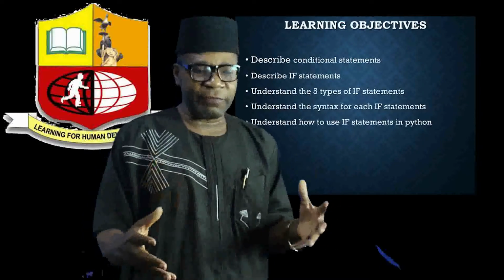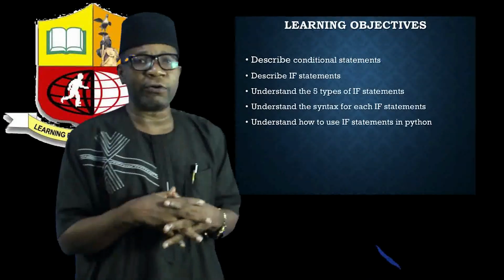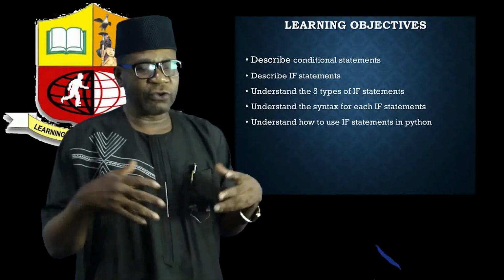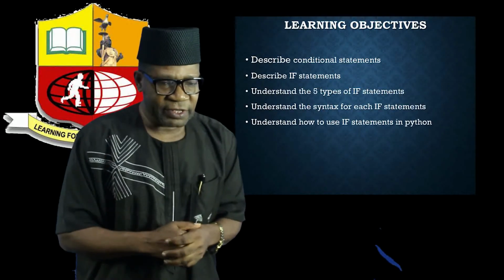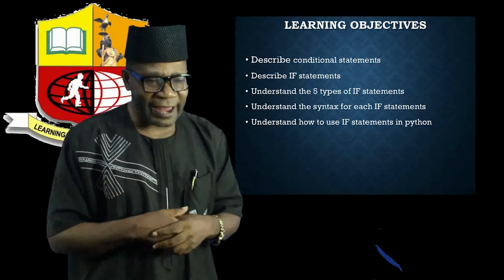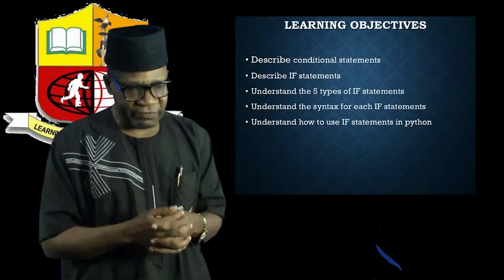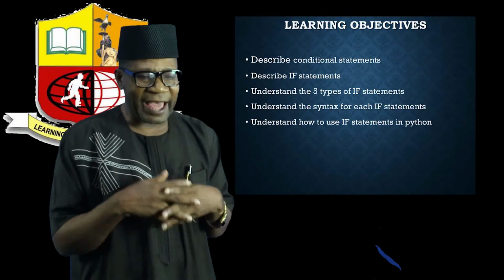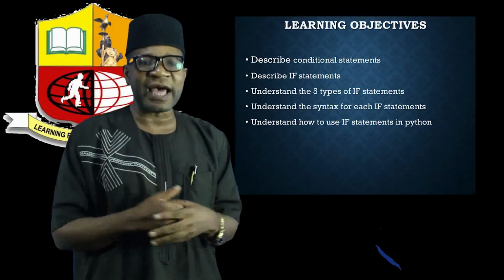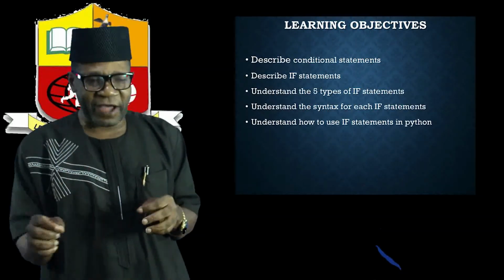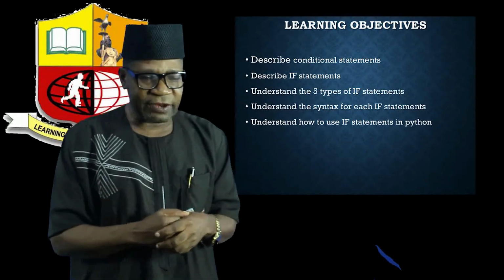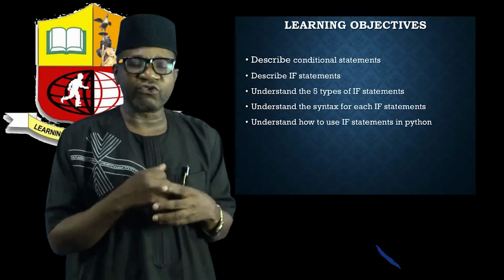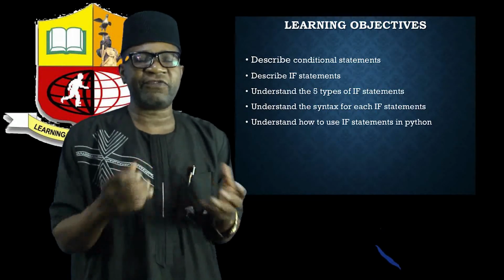I said at the end of the class, you'll be able to describe conditional statement, you'll be able to describe if statement, you'll be able to understand and explain the 5 types of if statement, and you'll be able to understand and explain the syntax for each of these 5 if statements, and then you'll be able to understand how to use each of these 5 if statements.